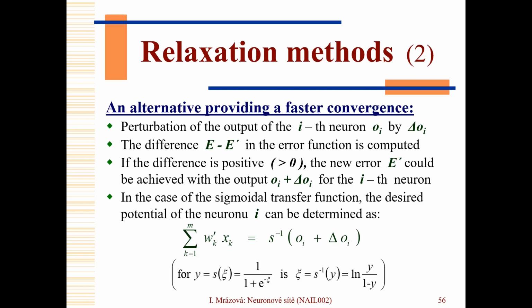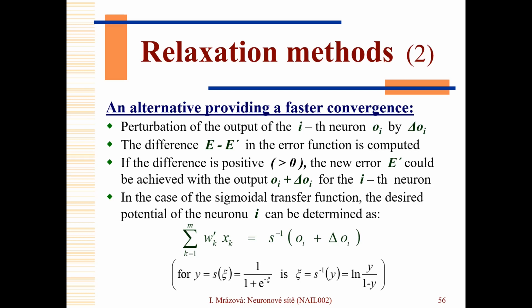If we would use the sigmoidal transfer function for our network, then the desired potential of the neuron i could be determined using the inverse sigmoid for the output Oi plus delta Oi.